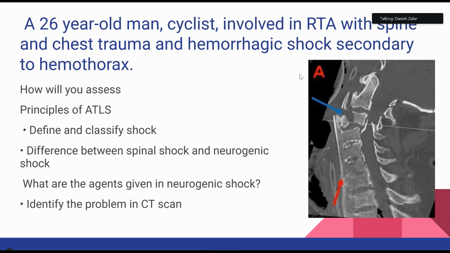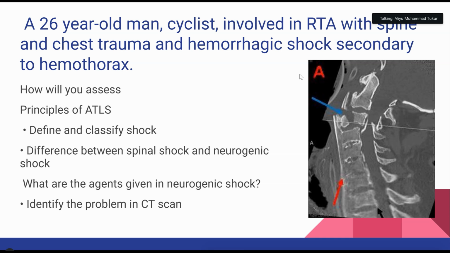Okay, so differentiate between spinal shock and neurogenic shock. Spinal shock usually results from loss of peripheral nervous system effects, while neurogenic shock is usually loss of autonomic nervous system effects. In both of them there is bradycardia.